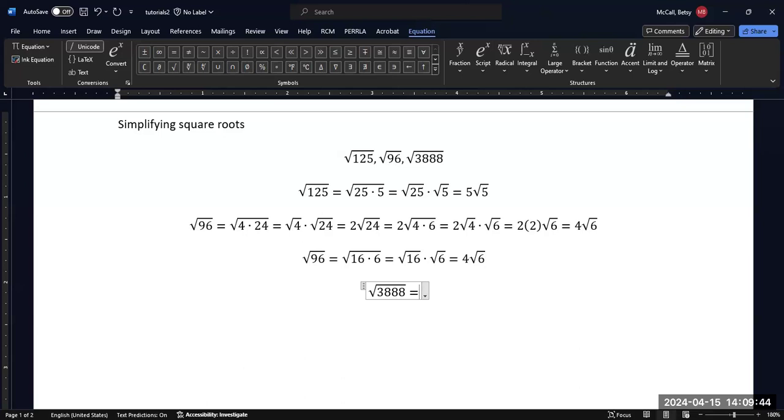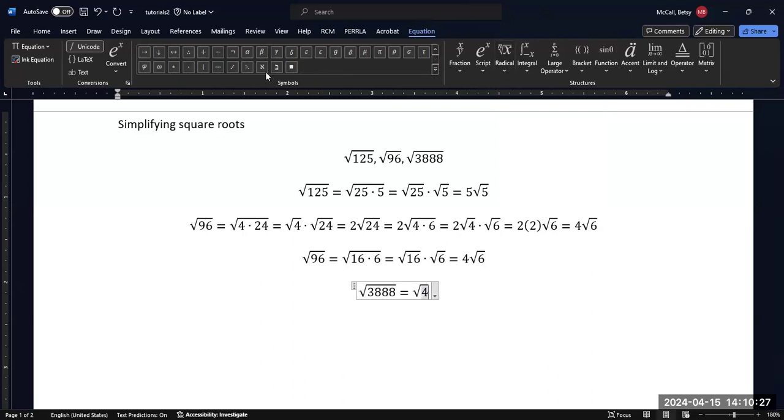I see that it is definitely even, so I can work my way down as I did in my previous example. Is this divisible by 4? 38888 divided by 4. Because of the 88 at the end, I'm pretty sure this is divisible by 8, but that doesn't really help me because 8 is not a perfect square. So I'm going to divide it by 4.